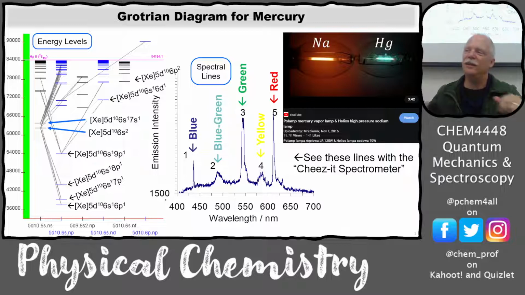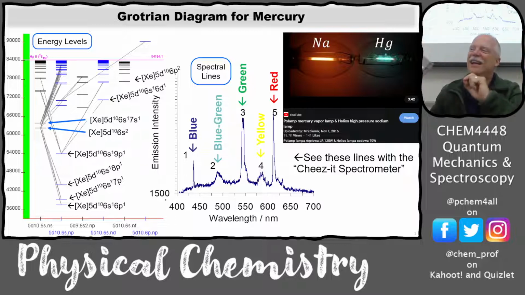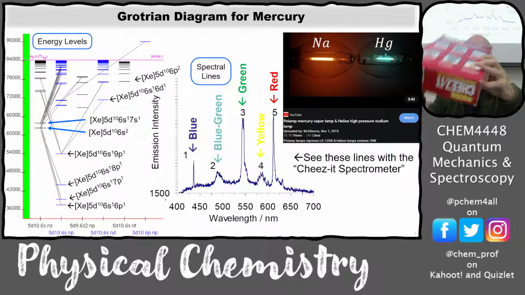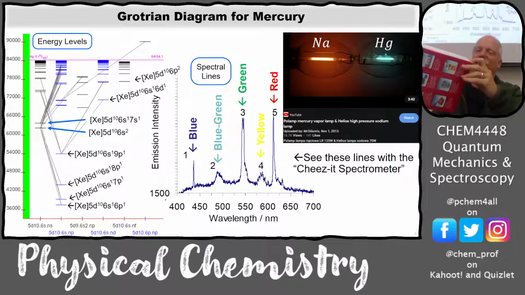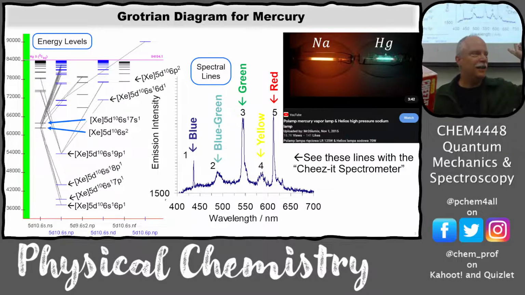And I looked and I saw this little piece of plastic on his deal. That's a diffraction grating. And I was like, ding! I stuck it on this Cheez-It box that I had in the windowsill and made a spectrometer out of it. I cut the corner out of this, and you can aim it at the lights, and you can see all 5 of these lines.